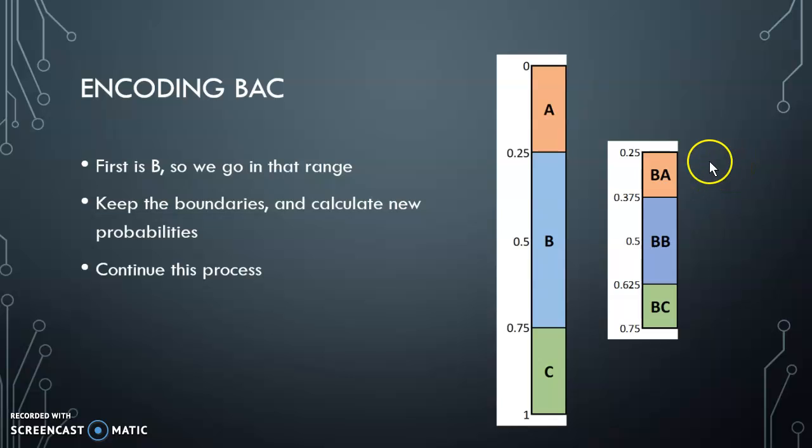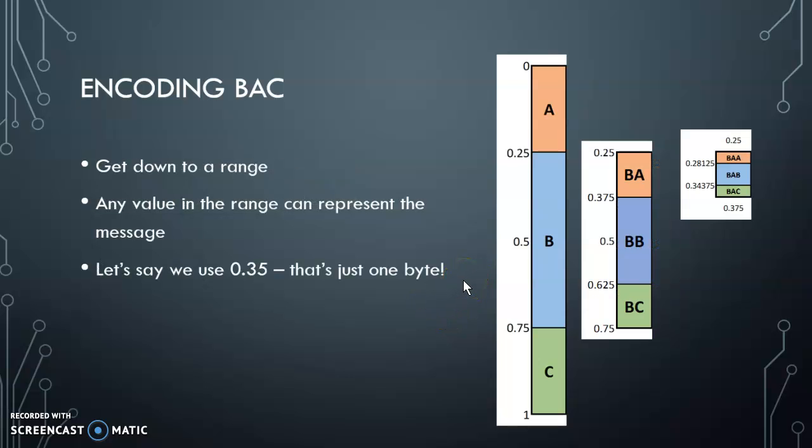So that means that with this coding method, any value between 0.25 and 0.375 could represent a sequence that begins with BA. And anywhere between the other values would mean a similar thing. So continuing this process to code BAC, you can further break it down into even smaller sections.